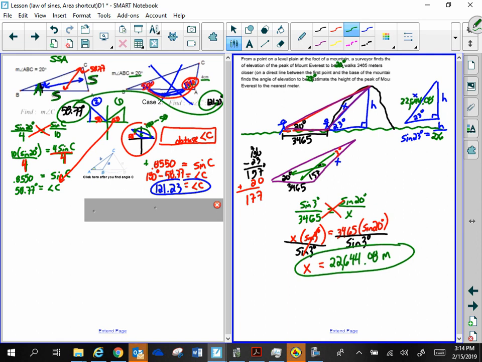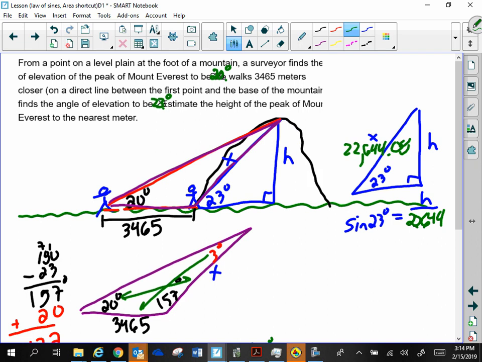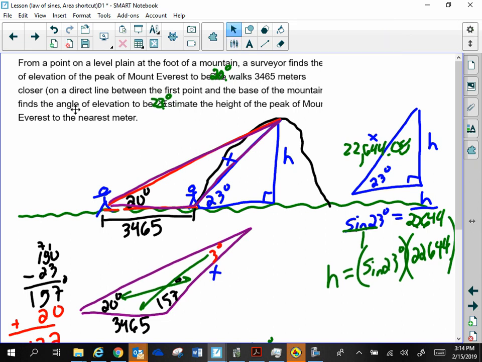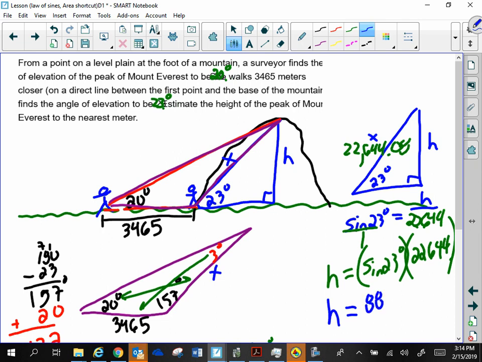I can now put this length into my calculator, and my height is going to equal the sine of 23 degrees multiplied by 22,644, again using the exact value from my calculator. I multiply that out and finally come up with my last height, in blue, of 8,847.75 meters.